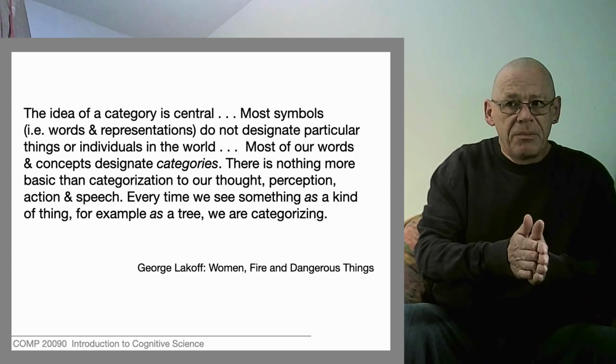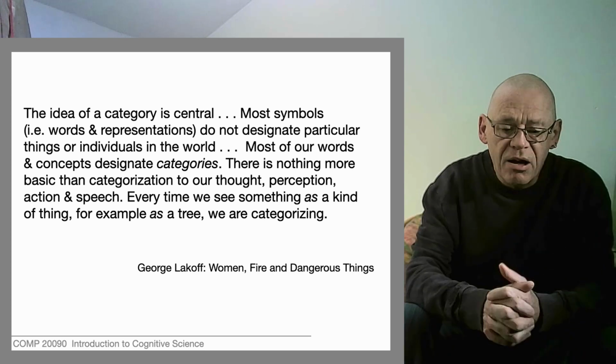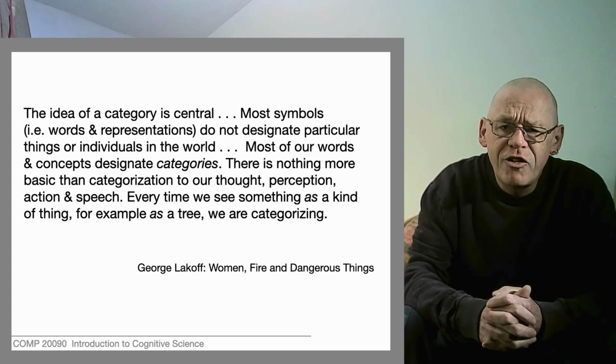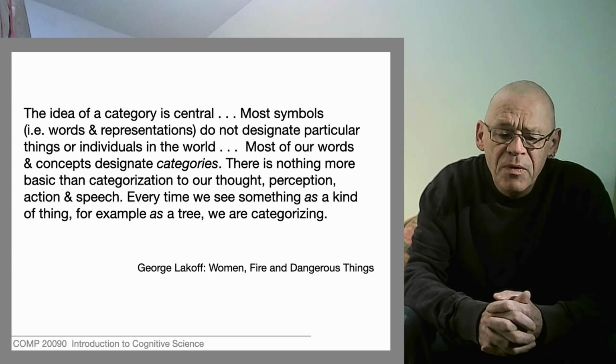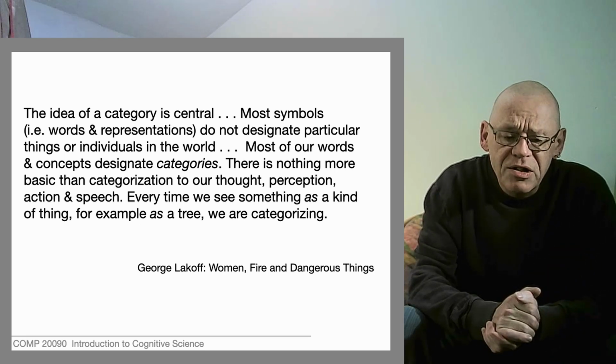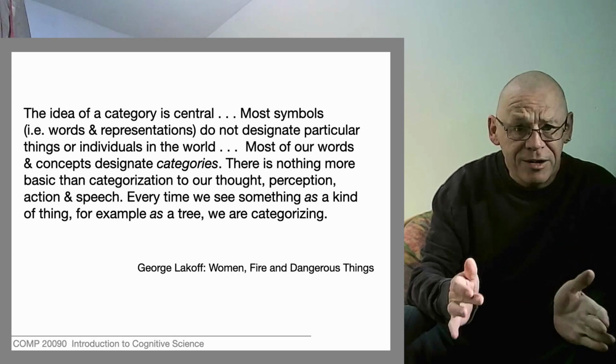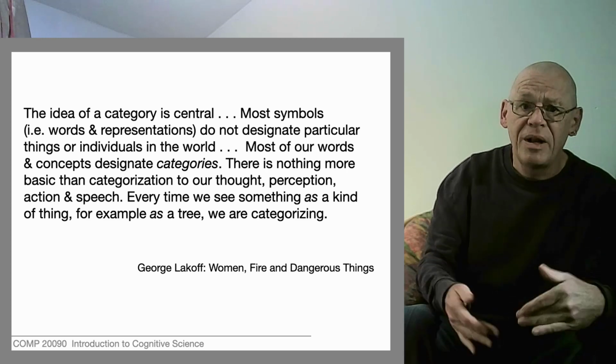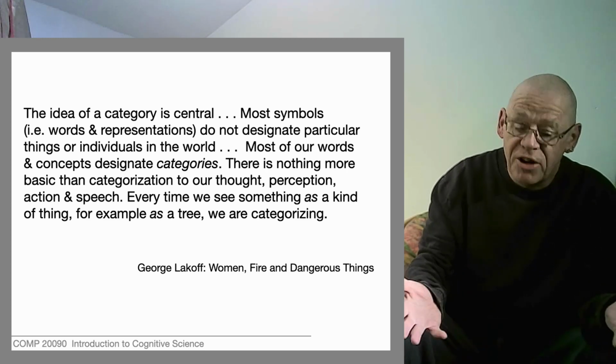A very important book in this comes from George Lakoff with the wonderful title Women, Fire and Dangerous Things. And in it, they tease out this question a great deal because the fact that we divide the world up into categories and that we label things as cats and dogs is fairly obvious.